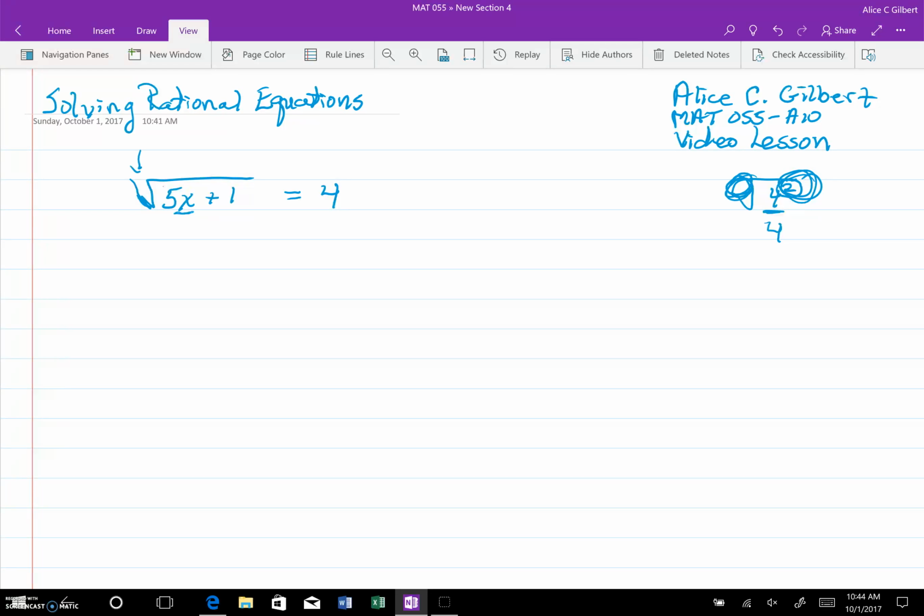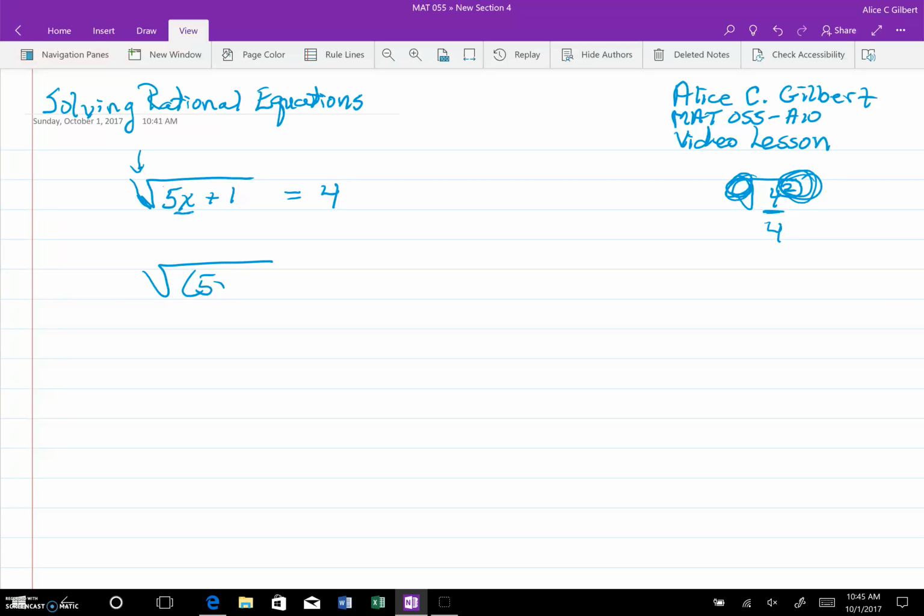Well, I know what the index is, so let's do this. Now I have an exponent and my index that match, which means this guy will fall out as my answer. Actually, let me rewrite this so it makes a little bit more sense.